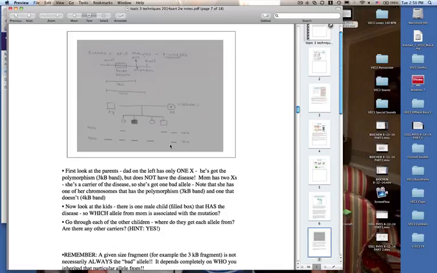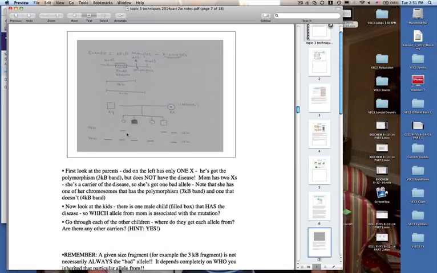It should be okay, right? So, it is okay, and we know that because son number 2 over here, who does not show the disease state, has inherited that X from mom, okay? And he's totally fine. So that X is totally fine. So what about this babe over here, okay? Where does this come from?